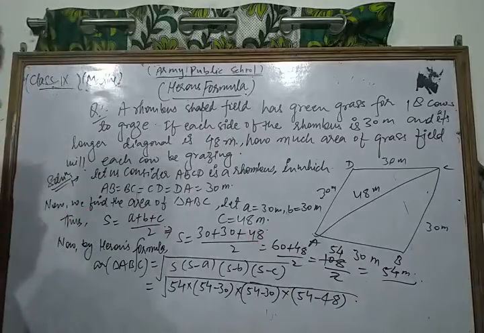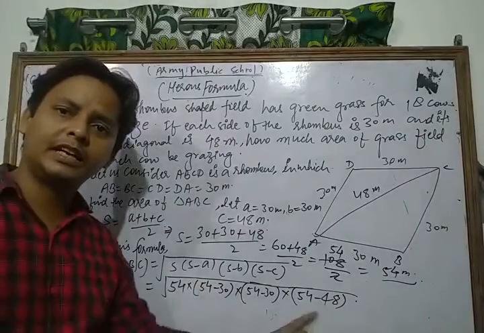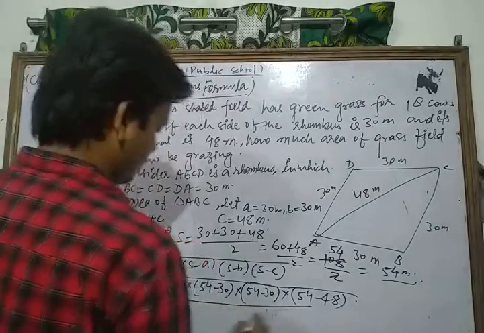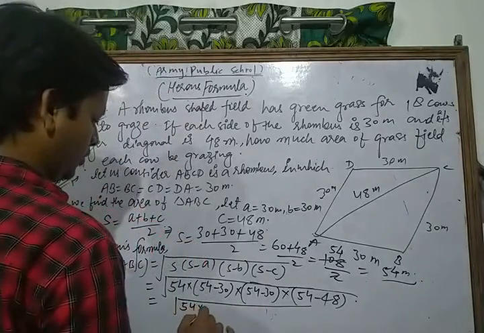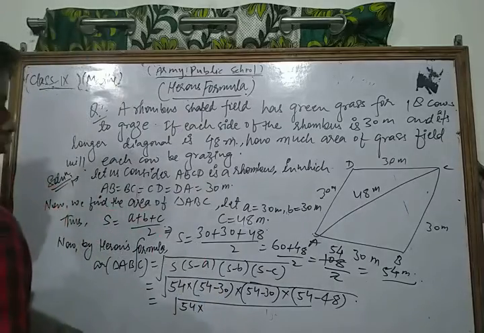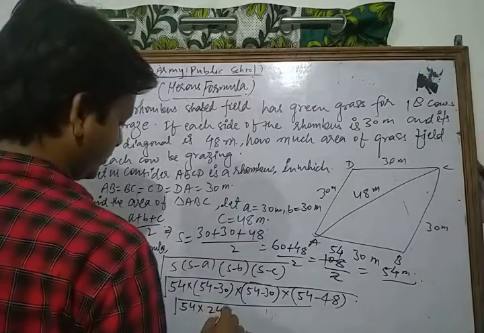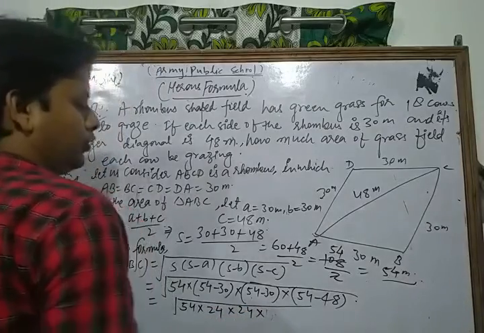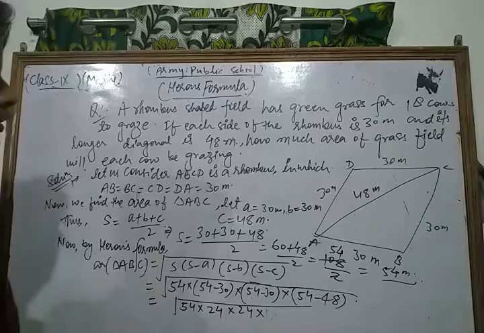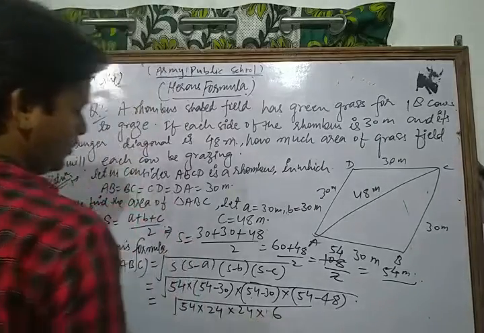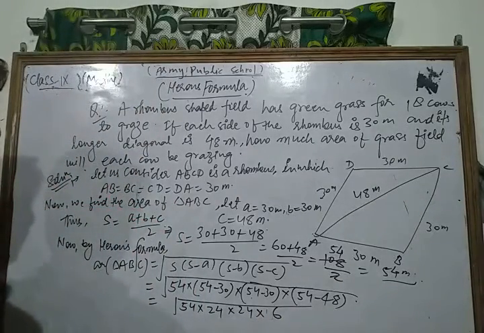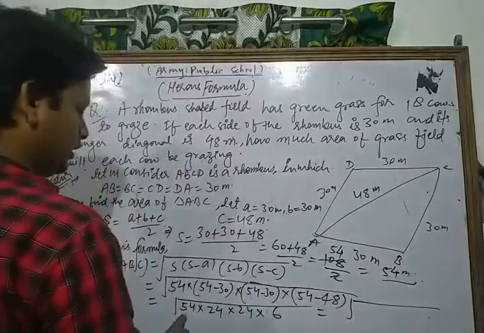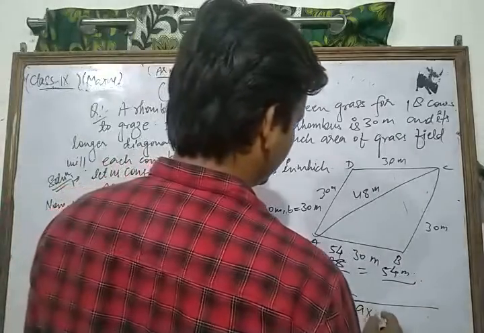Now we just simplify those values. So we get 54 into 54 minus 30, that is 24, into 54 minus 30, again 24, and 54 minus 48, which is 6. Now under the root, we write 54 as 9 into 6.